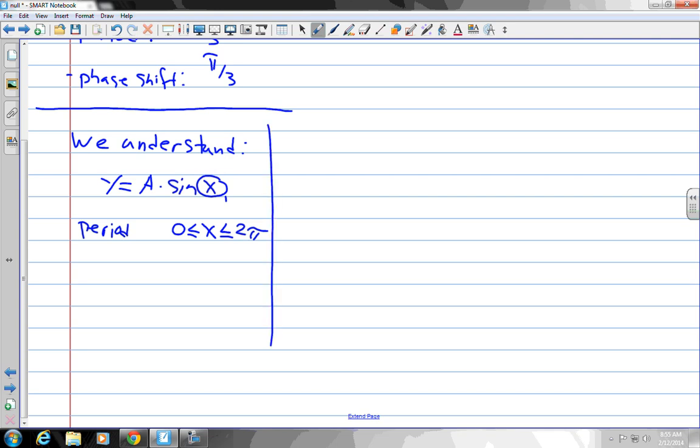So for our function, which is, I almost forgot, 2 cosine of 3x plus pi, right? The 3x plus pi has to be between 0 and 2 pi. That's the first period of a function. Just like before, whatever's on the inside is between 0 and 2 pi, gives you the first period of the function.